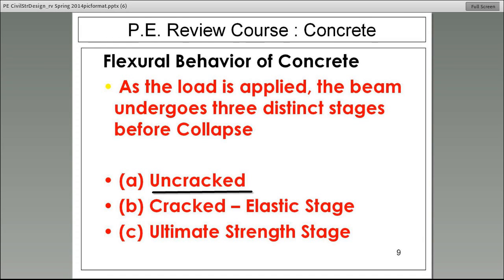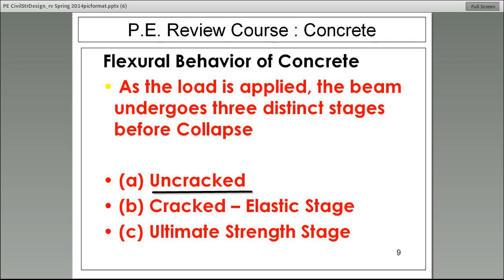When we place this flowable concrete in the form and it assumes its shape, we go through the process of curing the concrete, but we don't place loads on it. We very gradually start placing load on this beam. The very first stage of its life is uncracked. There are no cracks anywhere in this beam.